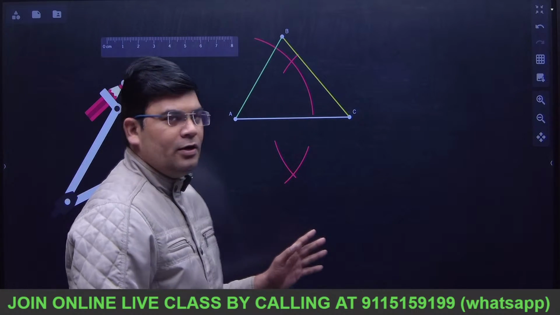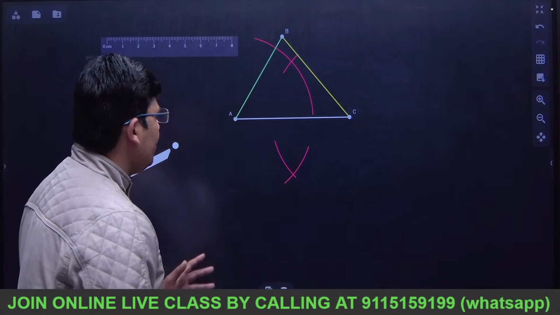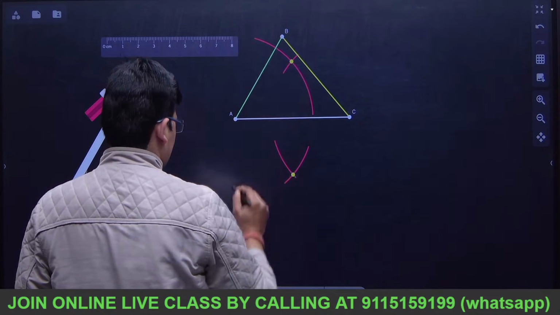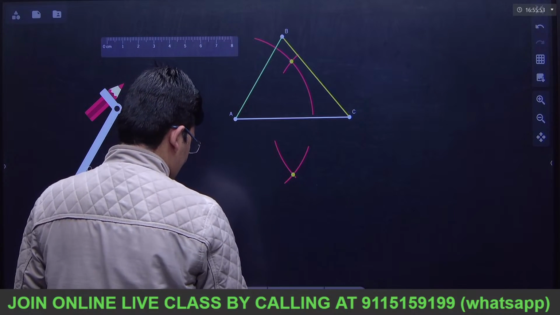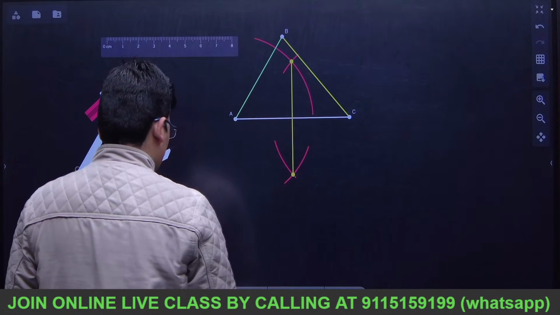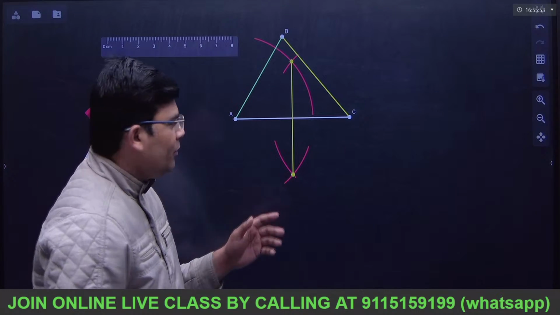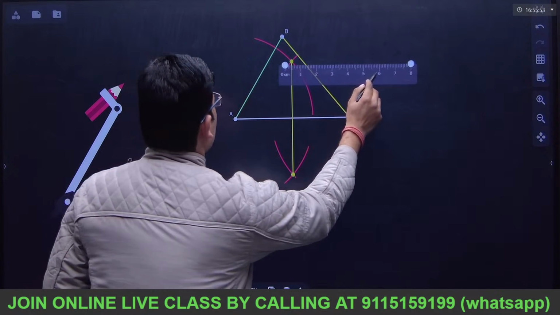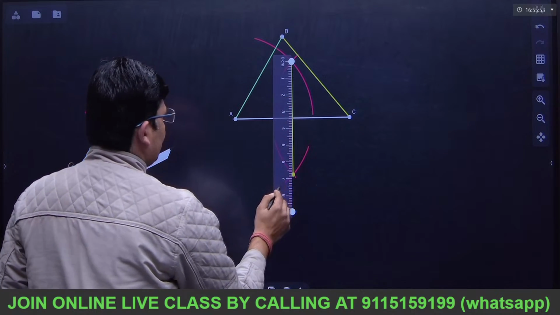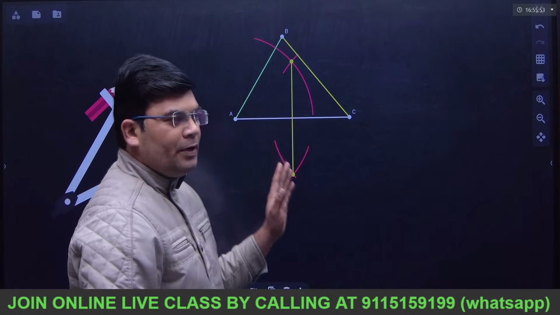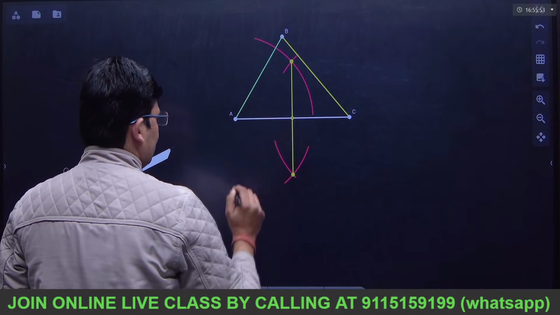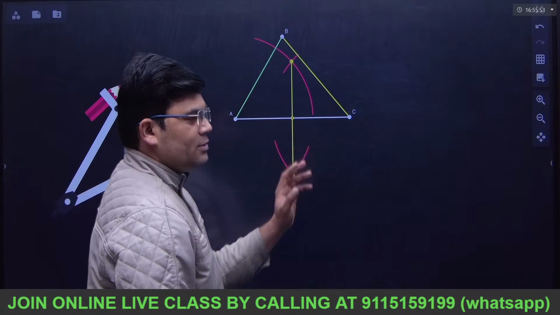So what I have done is the perpendicular bisector of this line. First I will mark these 2 points, and then I can join them. That can be done with the help of a ruler. This should be kept like this, and then we can draw a line. So this is a perpendicular bisector. Let us suppose that it meets at this point, so I am marking this point as well.